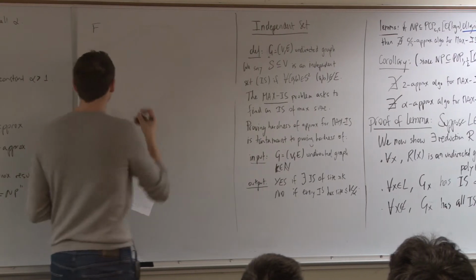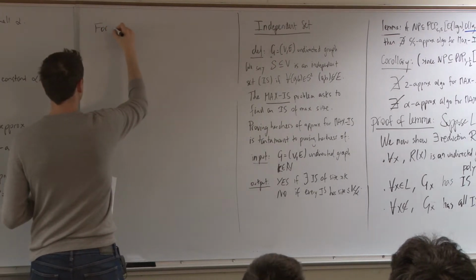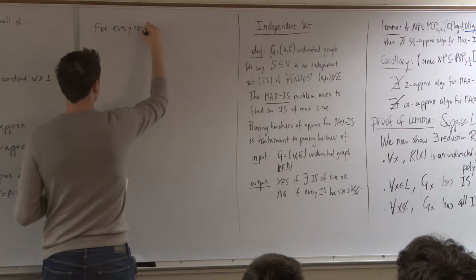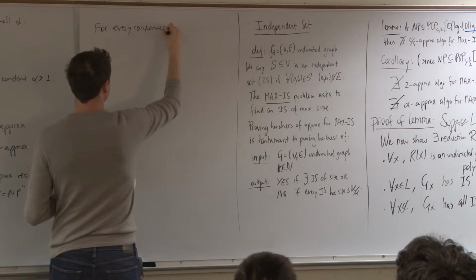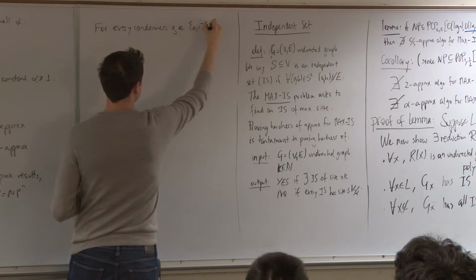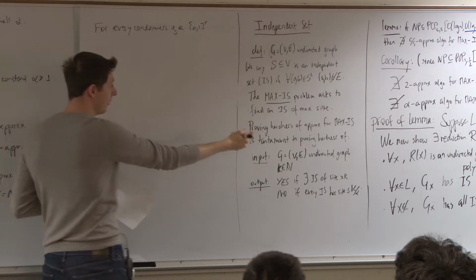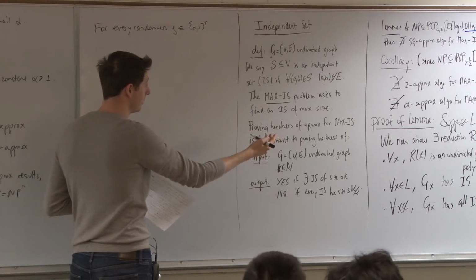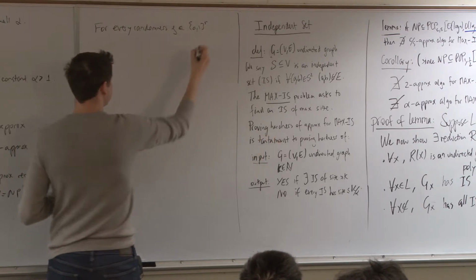Okay? So let's think about this. For every randomness choice, let's call it rho in {0,1}^r. Why {0,1}^r? Because the verifier uses r random bits.